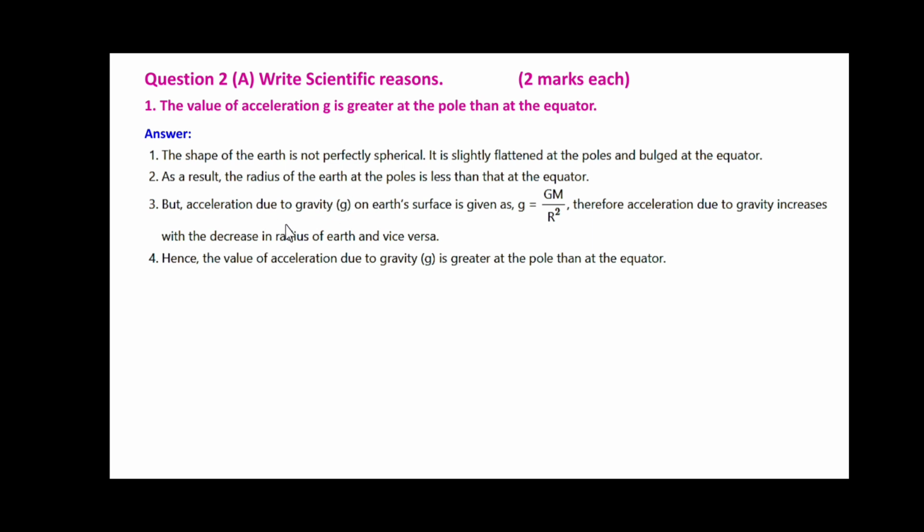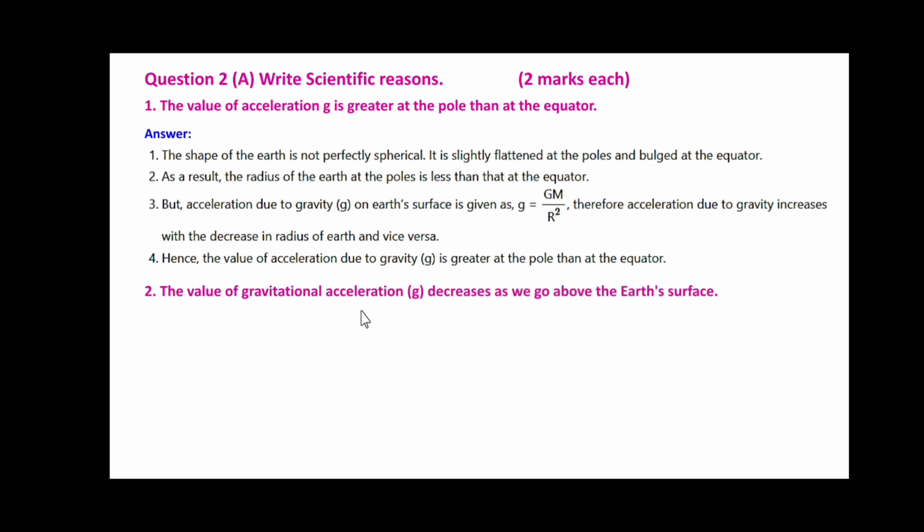But acceleration due to gravity, small g, on the earth's surface is given as g is equal to capital G M upon r square. Therefore, the acceleration due to gravity increases with the decrease in the radius of earth and vice versa. Hence, the value of acceleration due to gravity g is greater at the pole than at the equator.